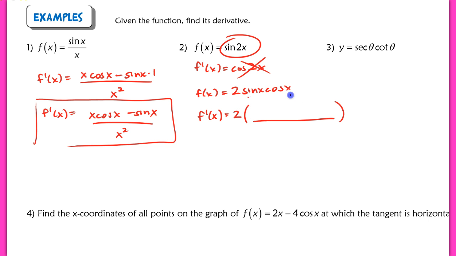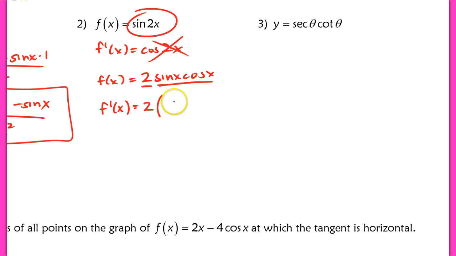So I'm working on a product, which means I can use the product rule. So by the product rule, we're going to take the first factor, which is sine of x, and multiply that by the derivative of the second factor. Now the derivative of cosine is negative sine x. And then we'll add to that the second, which is just cosine of x, and multiply that by the derivative of the first factor. So that's cosine of x again.